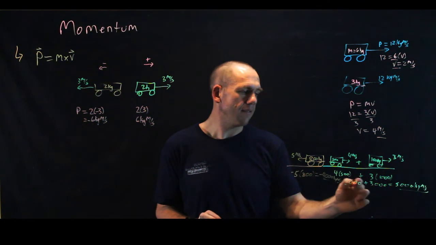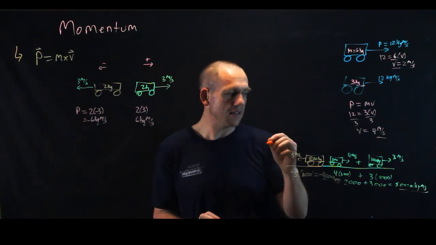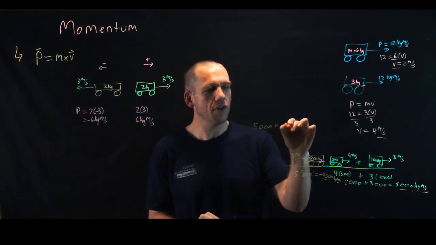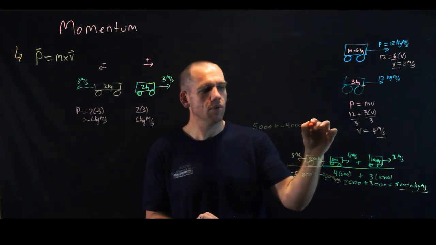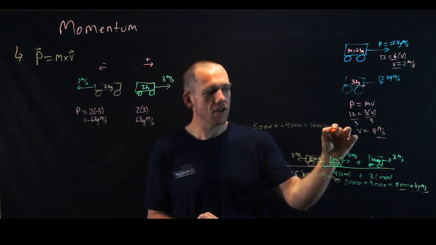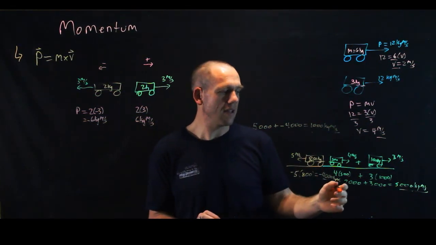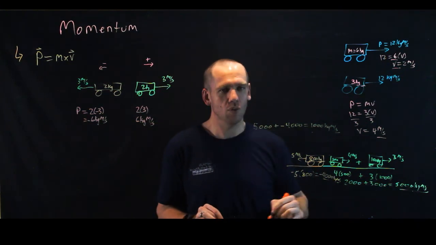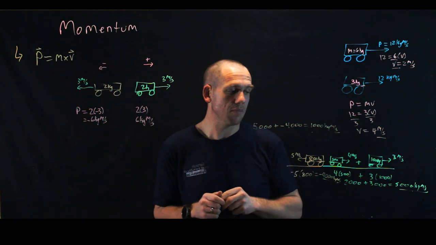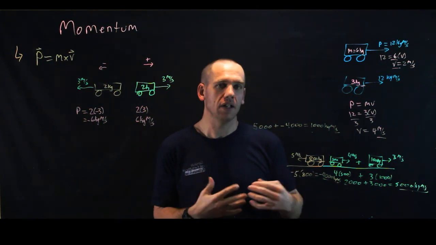And if I add my negative 4,000 to my positive 5,000, that is equal to 1,000 kilogram meters per second. So the system has less momentum than any of the individual carts because it is the total momentum of the system, not just the momentum of an individual piece.